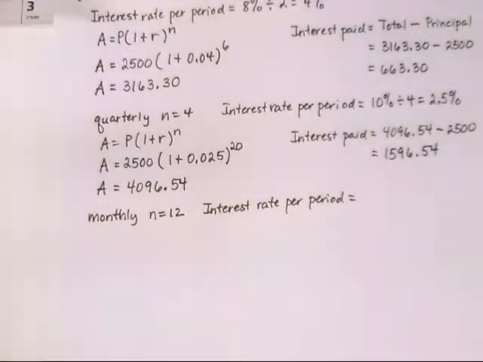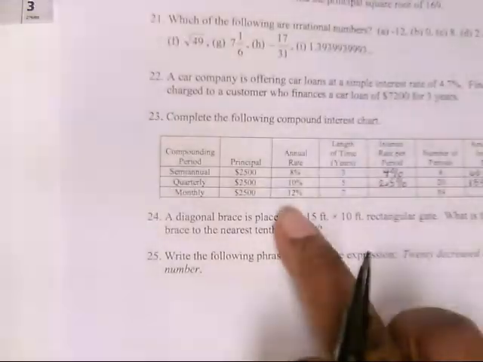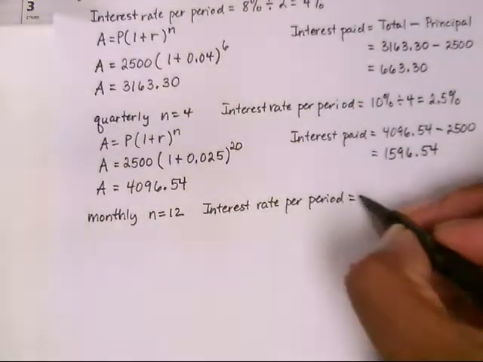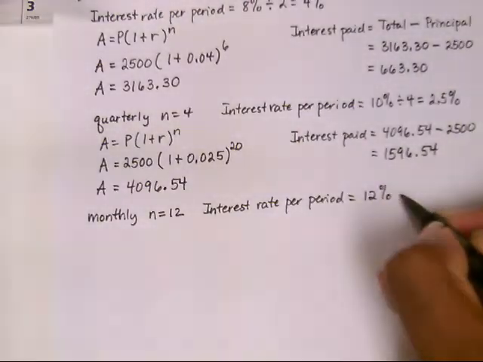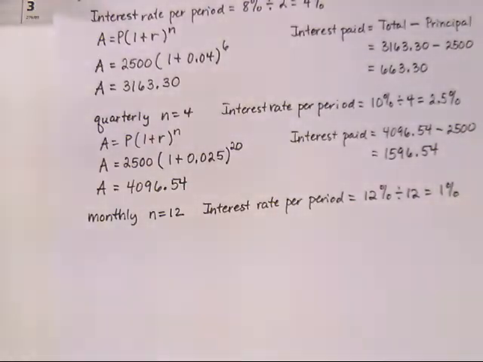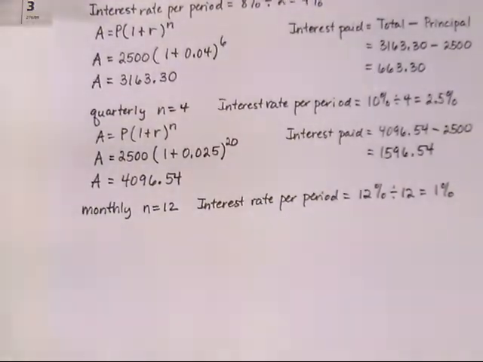That interest rate this time, they tell you is 12%. So if I do 12% divided by 12, that's just going to be 1%. So for each period, the interest rate is 1%.